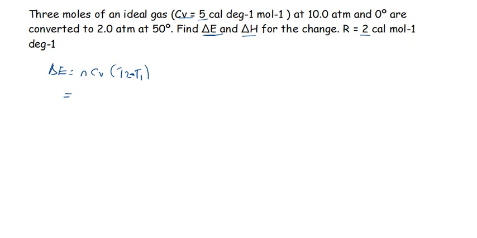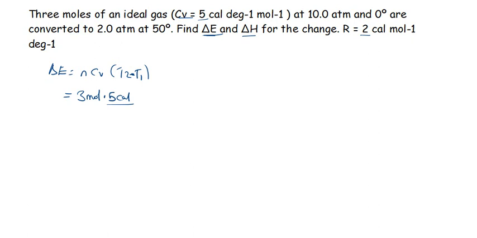The number of moles they are saying is 3 moles of ideal gas, so we'll write 3 moles, then times the heat capacity. The CV, constant volume, is 5 calories per degrees more. I don't know why they wrote this, it was supposed to be Kelvin more.